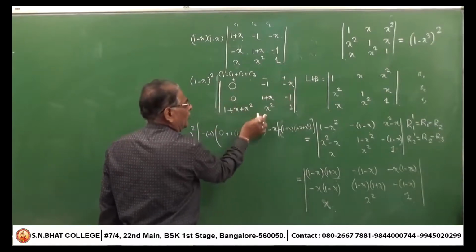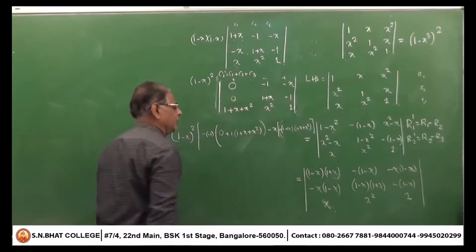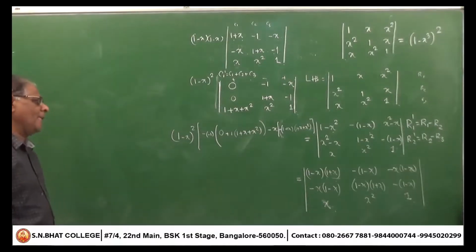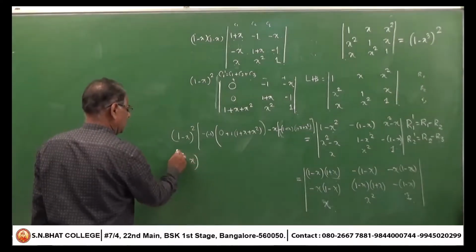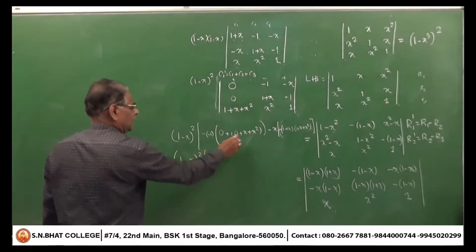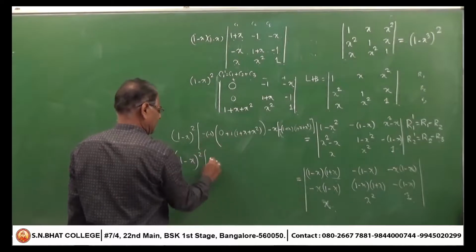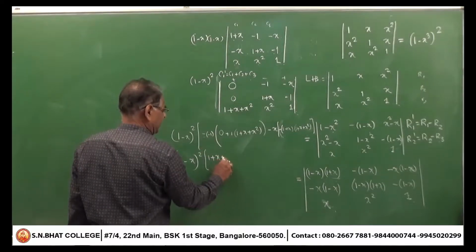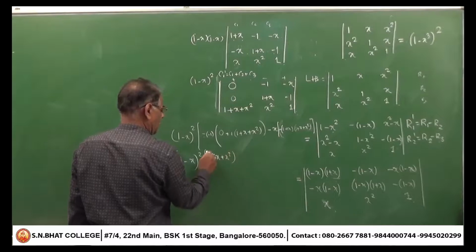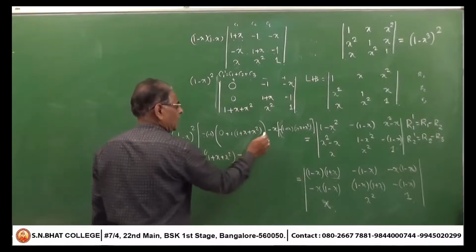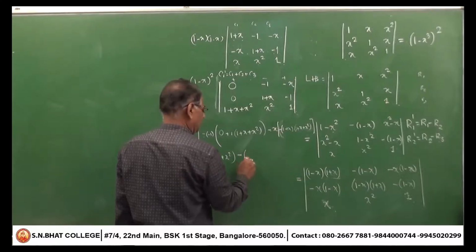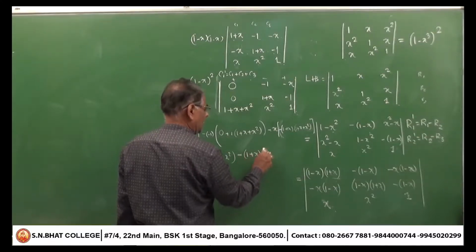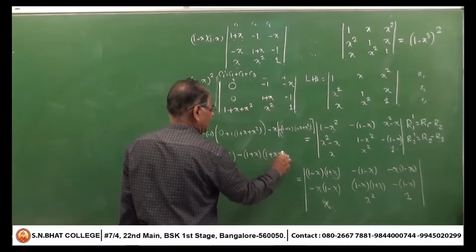Leave this row, this column, 0 minus of this into this. This is (1 minus x) whole square into, this is minus into minus plus 1 plus x square, minus into minus plus (1 plus x) into (1 plus x square).